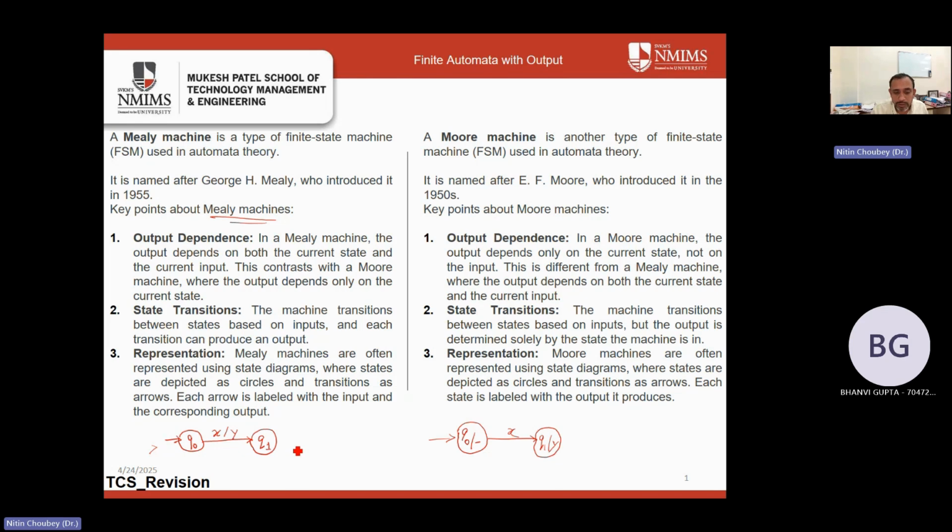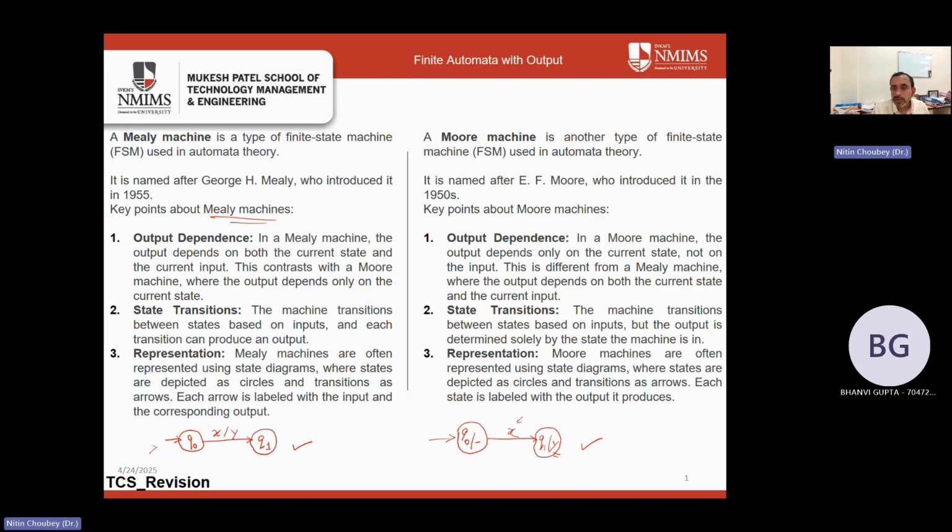Ultimately, both of these transitions do the same work. Q0 on the input of X generates output Y and the state transitions to Q1, whereas here Q0 again on the input of X goes to state Q1 where the associated output is Y. So basically the difference is in the way output is associated, whether it is dependent on or associated with a state or a transition.